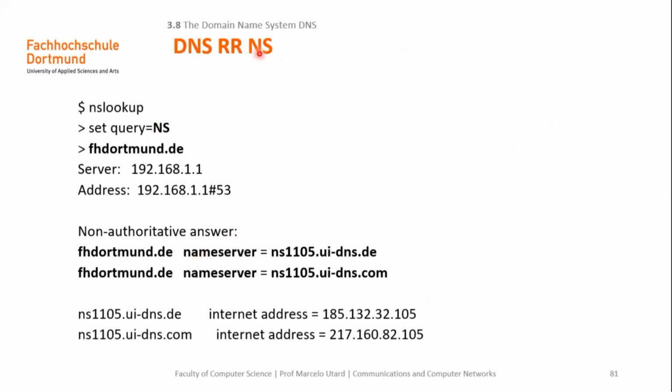For instance, if we would like to know the names and the IP addresses of the authoritative name servers of the Fachhochschule Dortmund University, then we can type nslookup, we set the query equal to NS, and we type, in fact, the FQDN that identifies the zone of the Fachhochschule Dortmund University.